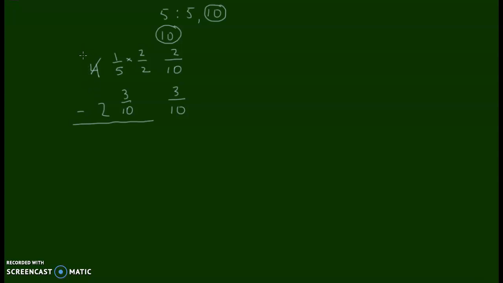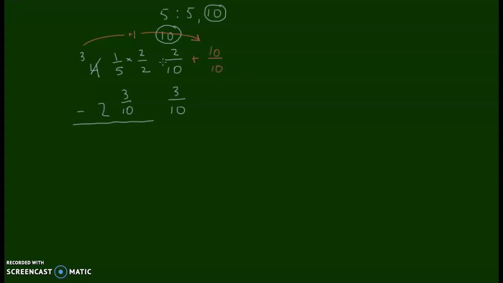So I have to borrow from the 4. That's going to become a 3. I'm going to switch colors for this next part here. Now I have to take the 1 from this side and add it to this side, but I have to add it as a fraction. Since my denominator is 10 here, the fraction that's equivalent to 1 that I'm going to add on this side is 10/10.